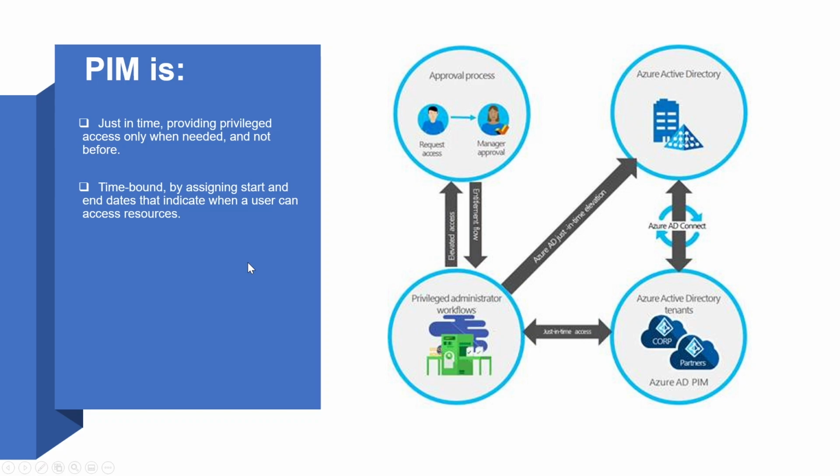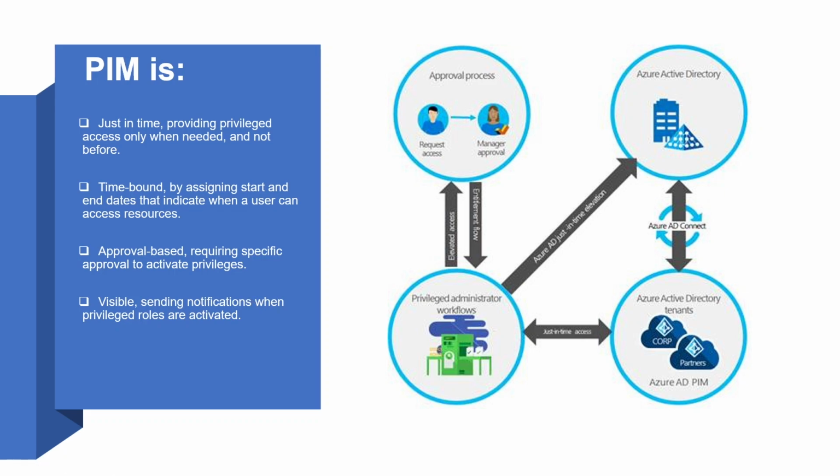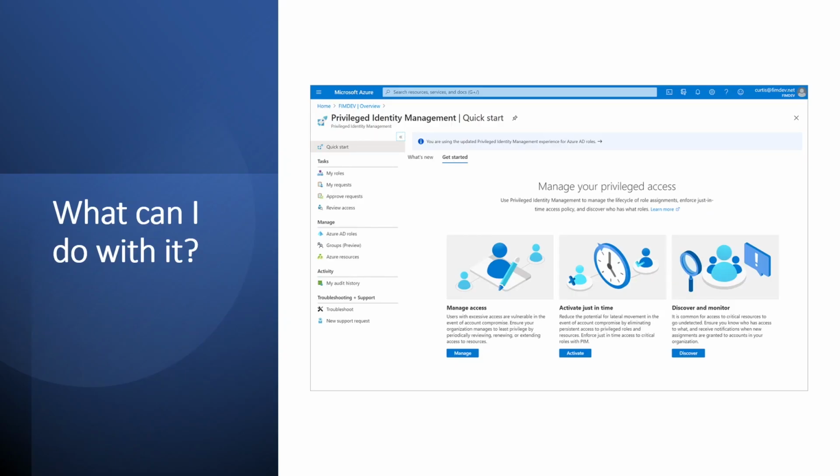It is time bound by assigning start and end dates that indicate when a user can access resources. Privileged identity management is approval based, requiring specific approval to activate privileges. PIM is visible, sending notifications when privileged roles are activated, and PIM is auditable, allowing a full access history to be downloaded as well.